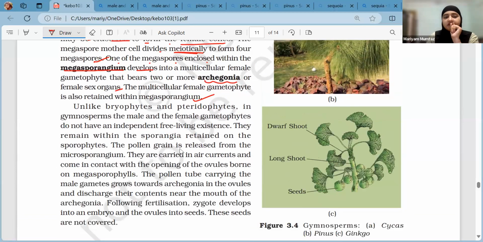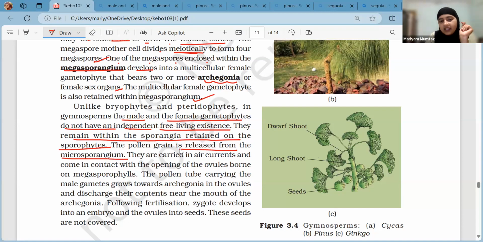Now, moving forward, unlike bryophytes and pteridophytes, in gymnosperms the male and female gametophytes do not have an independent free-living existence. They remain within the sporangia retained on the sporophyte. The pollen grain is released from the microsporangium, carried in air currents, and comes in contact with the opening of the ovules borne on the megasporophylls.